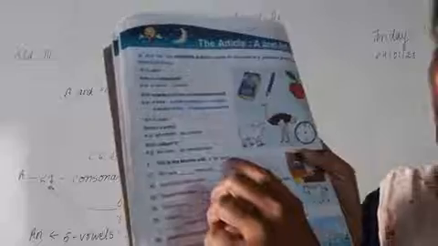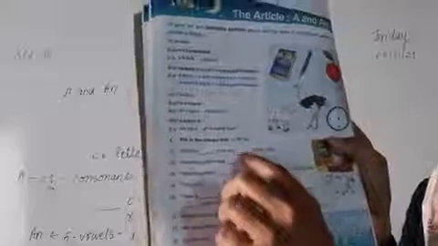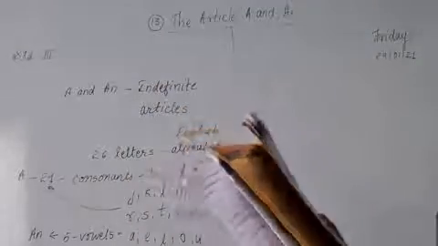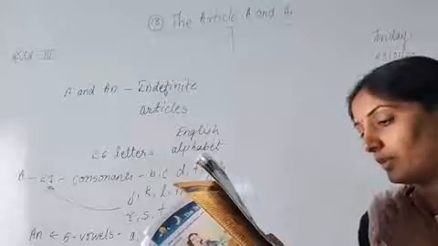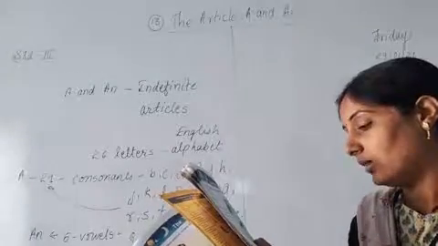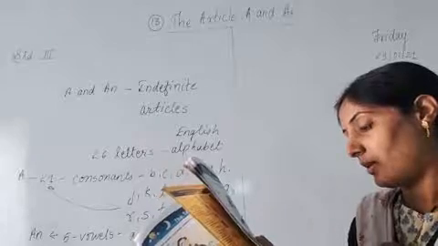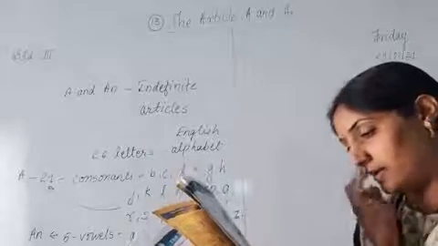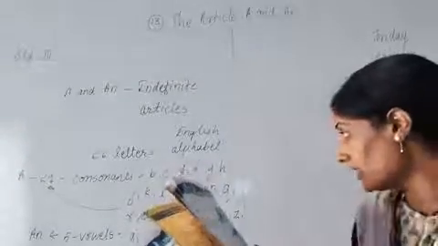Question number 1: fill in the blanks with a and an. We have an hour and a half for play. A hundred paise make a rupee.